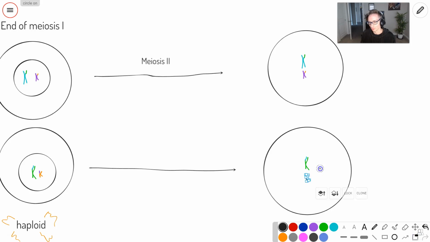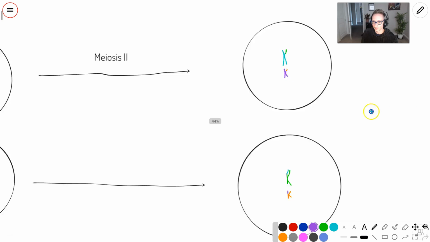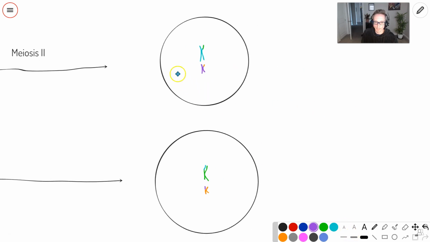Our sister chromatids are going to be separated here. So we'll draw in our centrosomes, our microtubule organizing centers, and then we will draw in our microtubules.